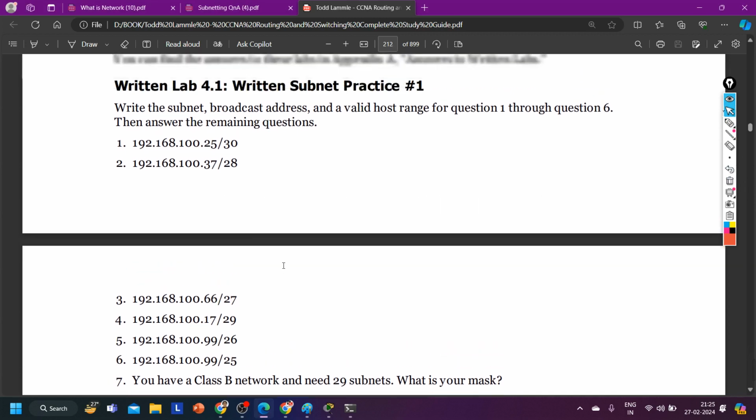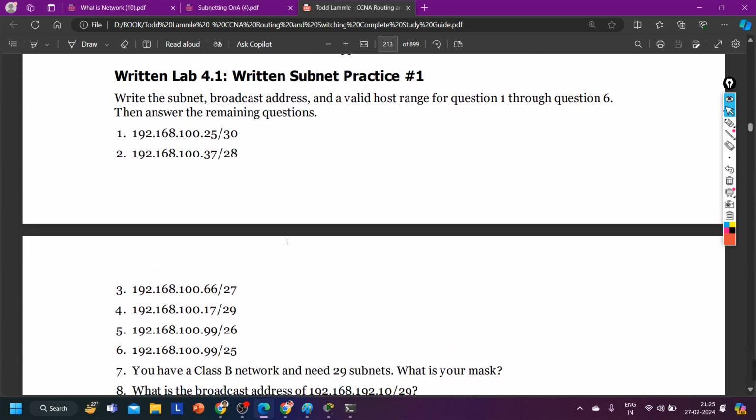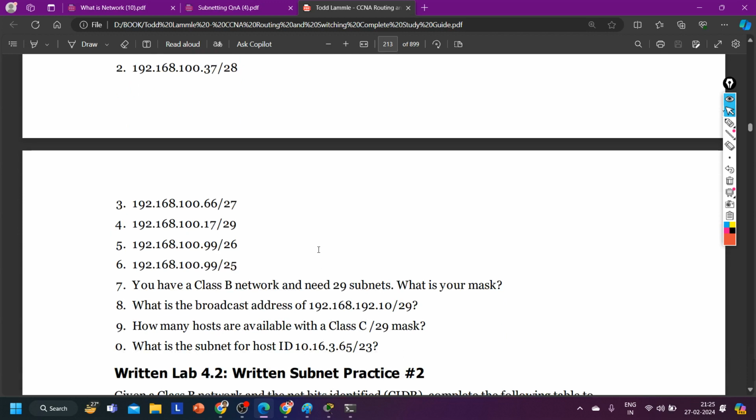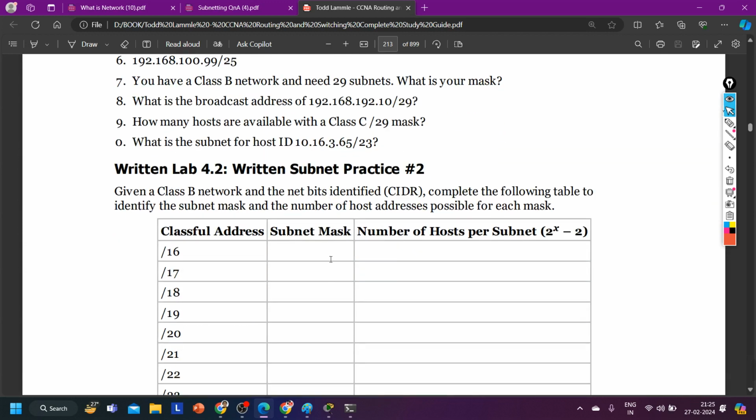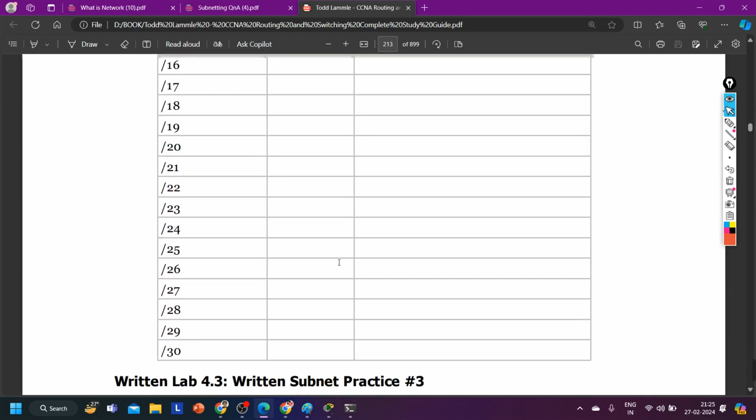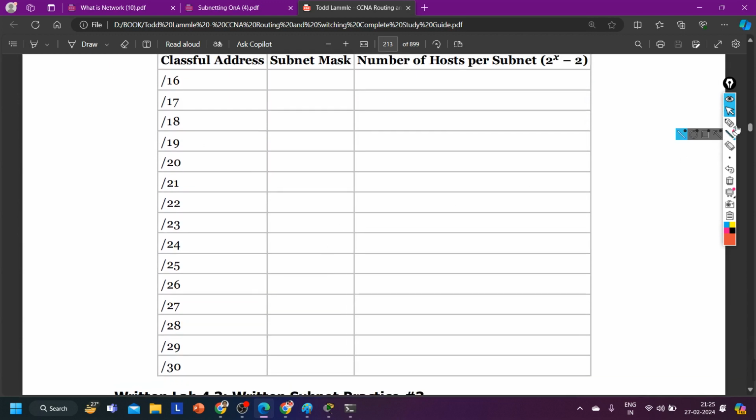Sir, one question in mind. Yeah, go ahead. Suppose we have to give the subnet mask according to the slash value only. In subnetting, according to the slash value only.